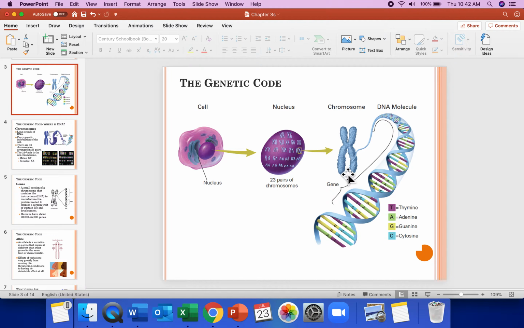are called chromosomes. So within the nucleus, we will see 23 pairs of chromosomes. If we zoom in on what a chromosome is, it is basically a wound up DNA strand. And if we unwind that strand of DNA, you can begin to see the double helix.